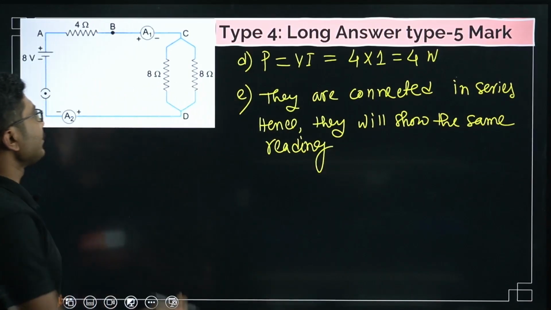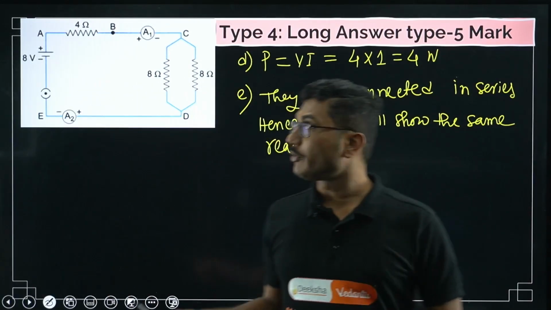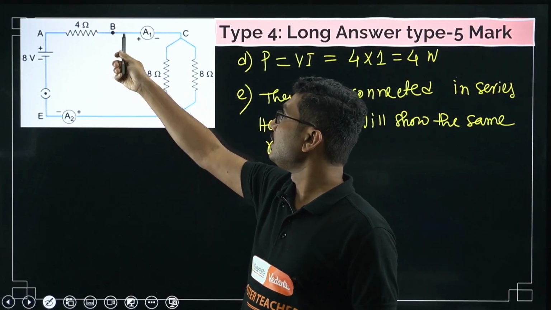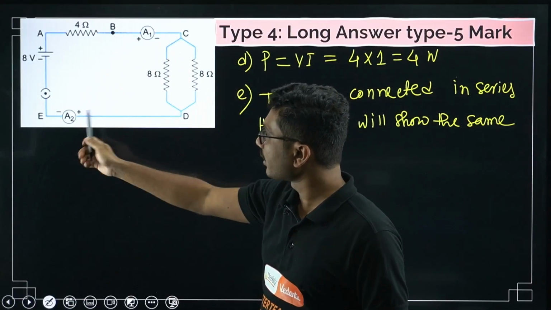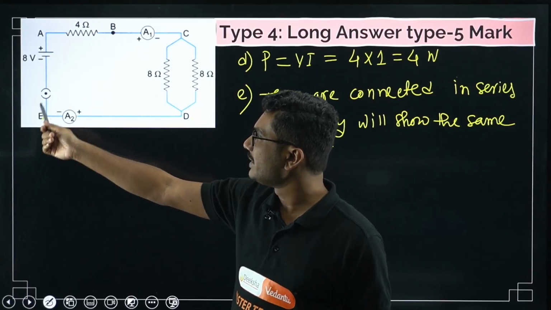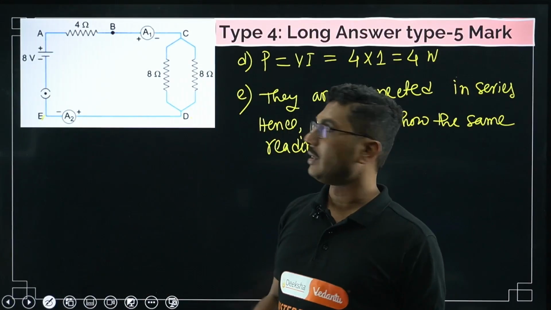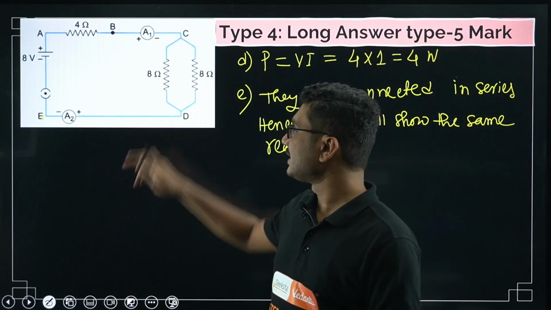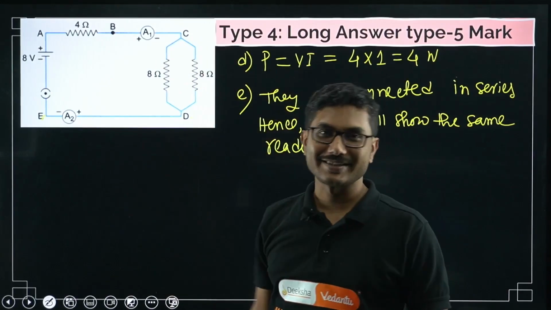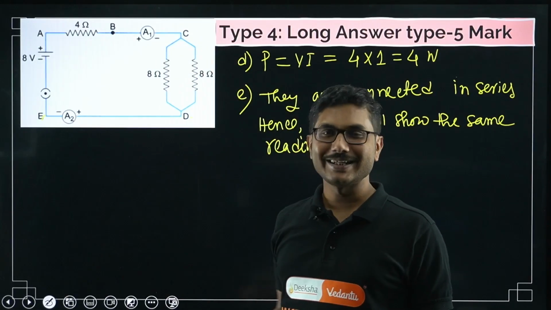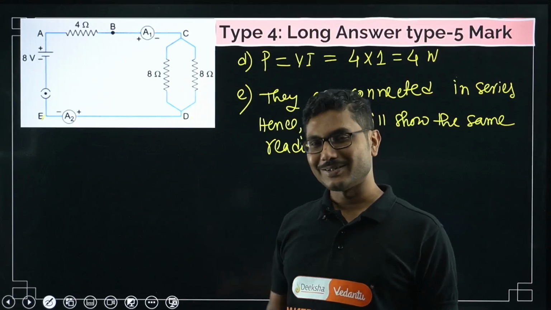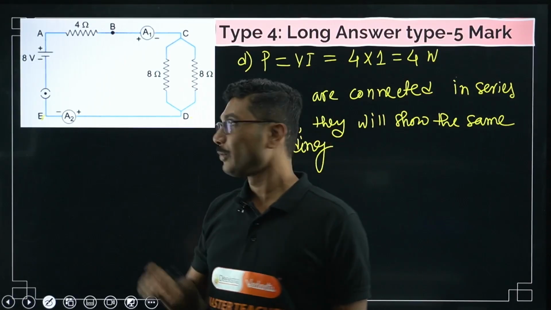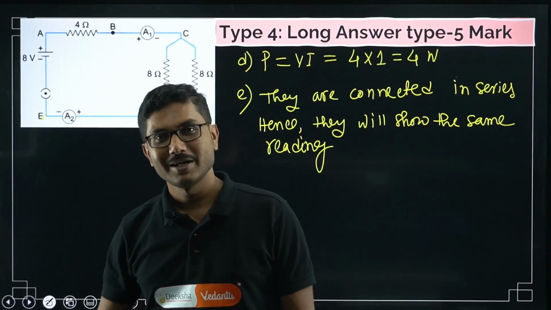This may be a confusing question for you, because there is a point B marked, a point C marked, here D is marked, here E is marked, and there is a knob available, so you may think there should be some difference. You might think this is a trick question, but that is not a trick question, that is an easy question. Both of them will have the same reading.